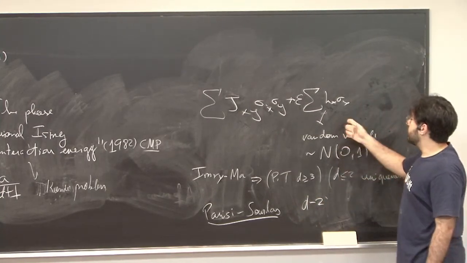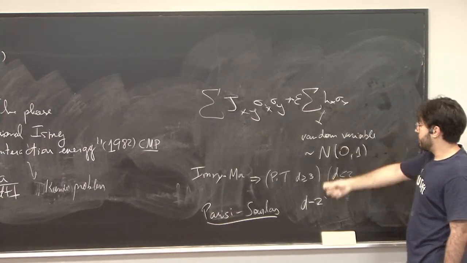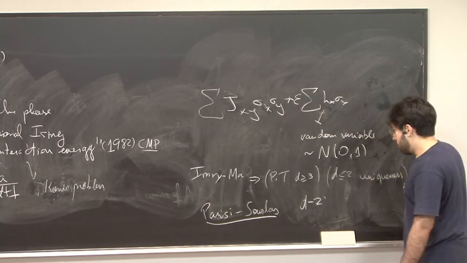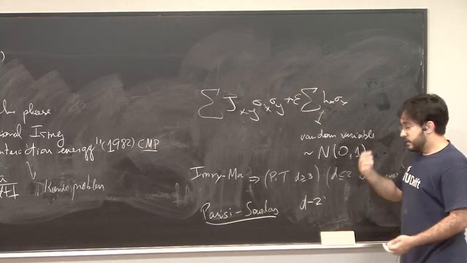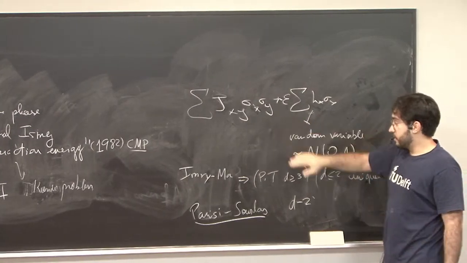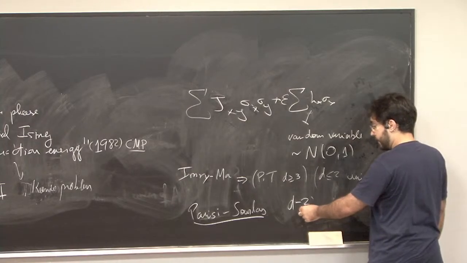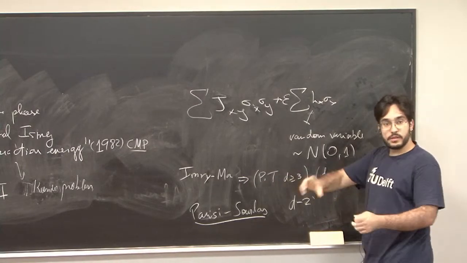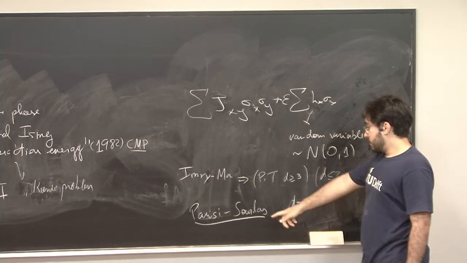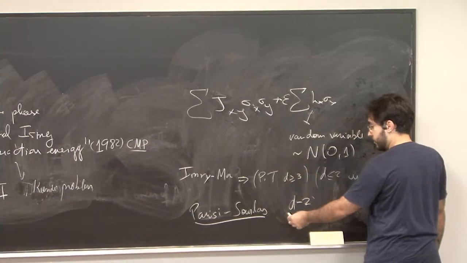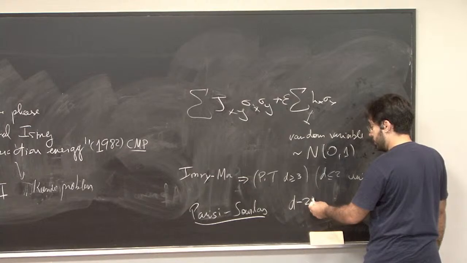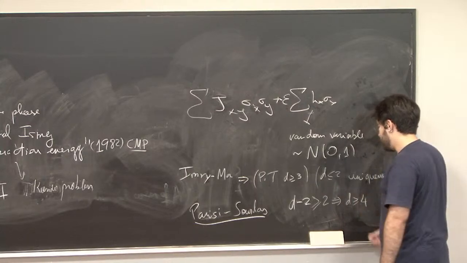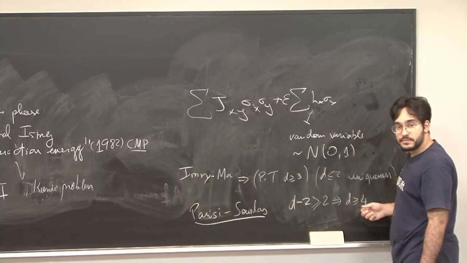So what they were saying is that the magnetic field effectively decreases the dimension by 2. As we saw, the Ising model with nearest neighbor interaction only has phase transition starting in dimension 2. So if the random field model behaves as a D minus 2 Ising model, then this quantity should be larger than 2, and this implies that the system would have phase transition starting at D equals 4.